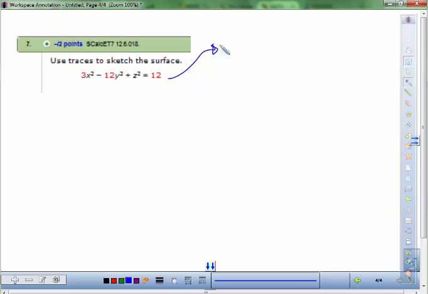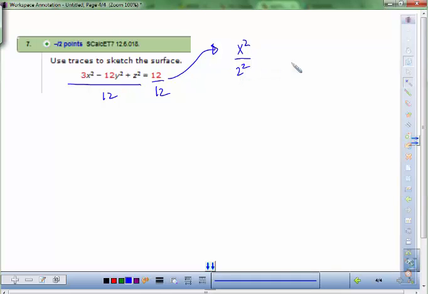But you do have to take an equation like this and imagine it looking like one of the surfaces that I talked about in that one page, so you can somehow rewrite this to make it look like one of those surfaces. So if we divide everything by 12, we're going to have x squared over 4.